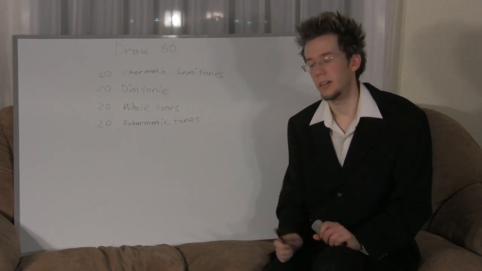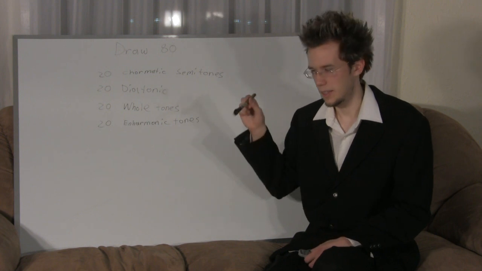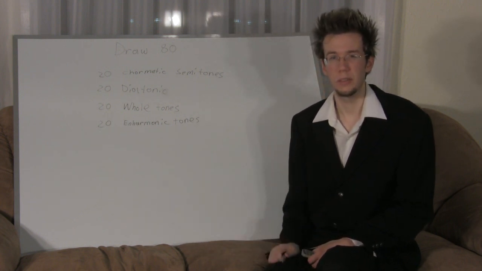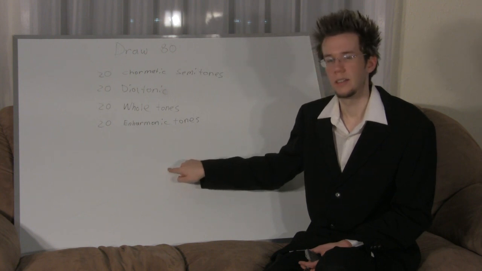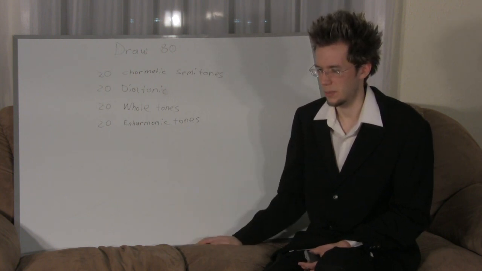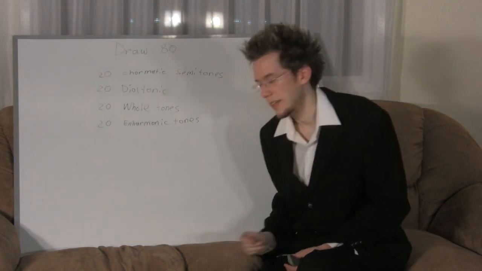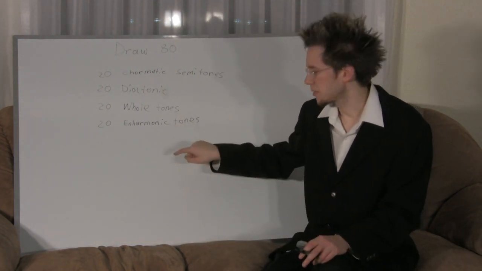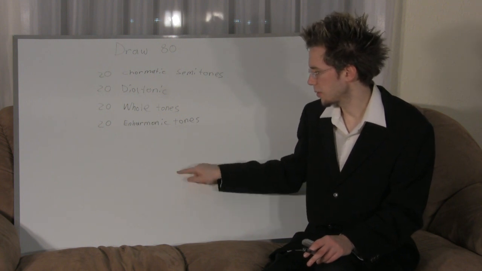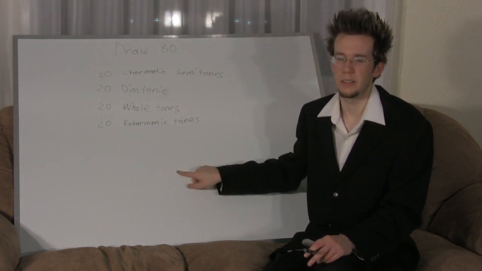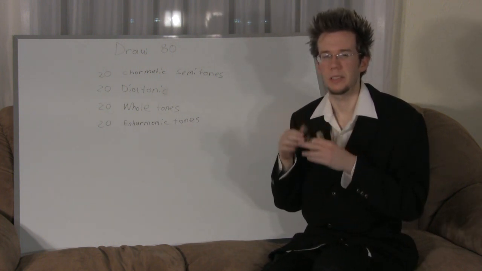Alright, now inharmonic tones, I want you to draw 20 of these. What I want you to do is target the same key and describe it in two different ways. If you're playing a D, or sorry, that's a bad example because you don't know double flats or double sharps yet. Say you targeted a D sharp. I want you to draw a D sharp and an E flat, and put those together.